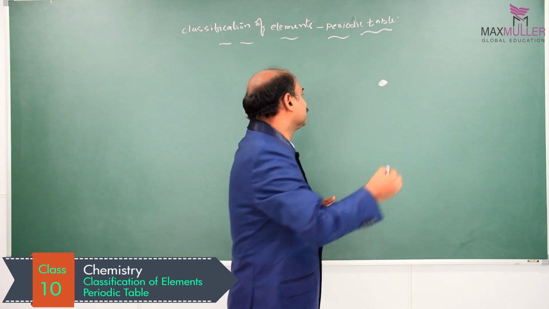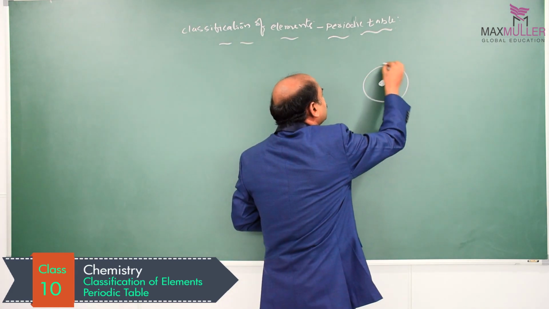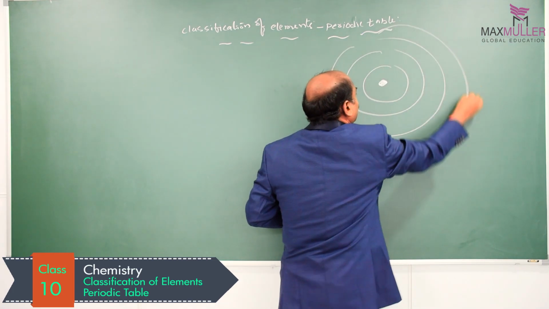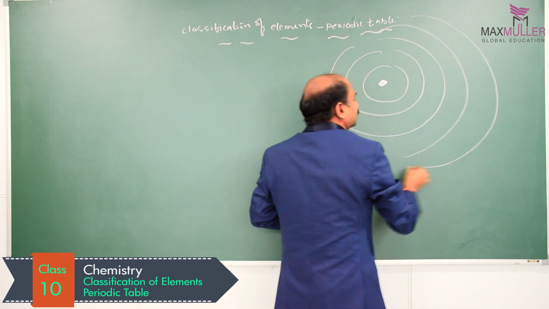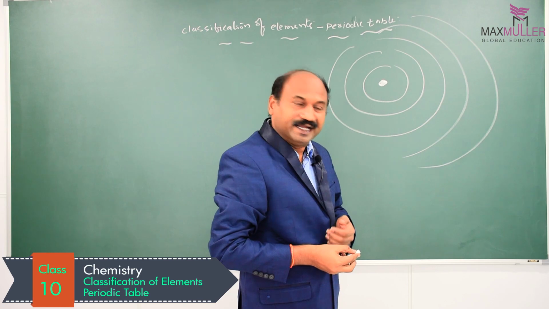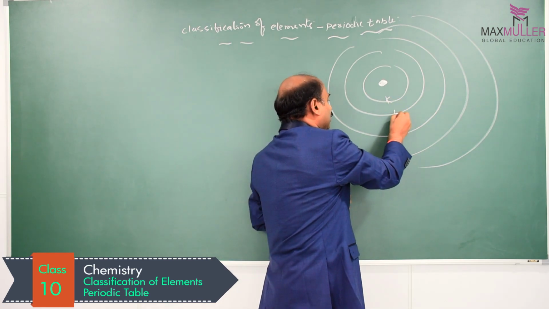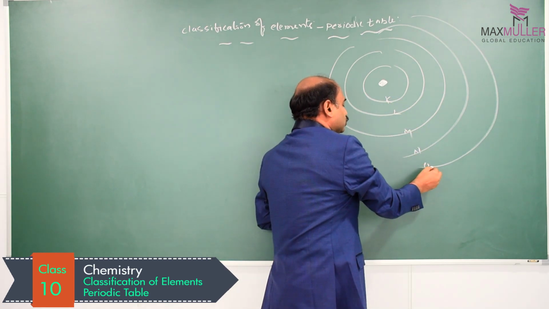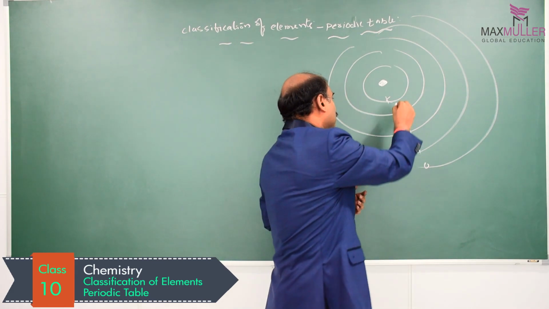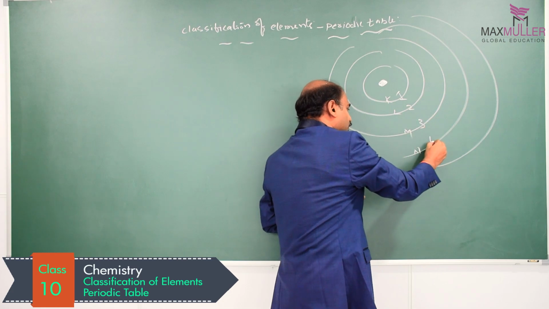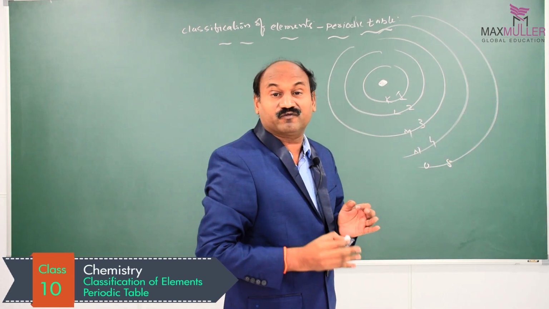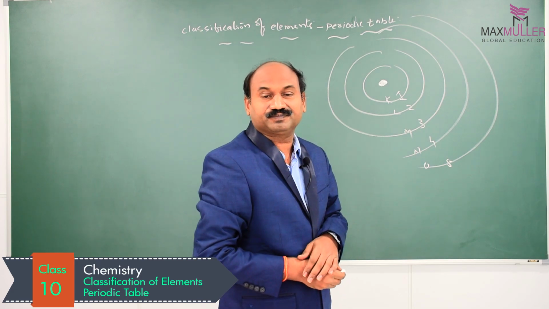All the electrons are revolving around this nucleus in circular orbits. These circular orbits are denoted by K, L, M, N, O and so on. These may be numbered as 1, 2, 3, 4, 5 and so on. There will be an infinite number of orbits for any atom.